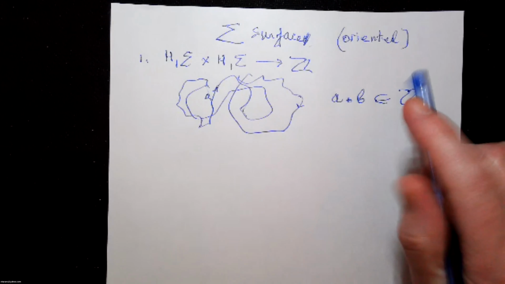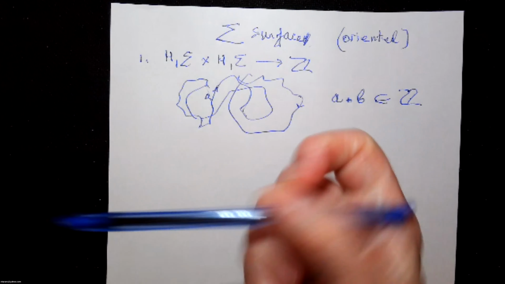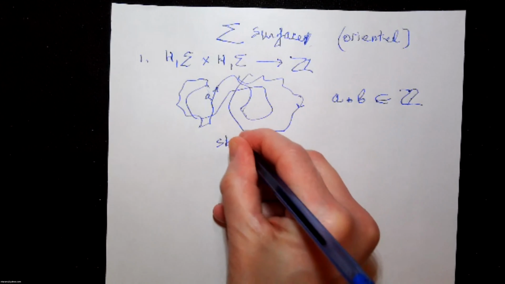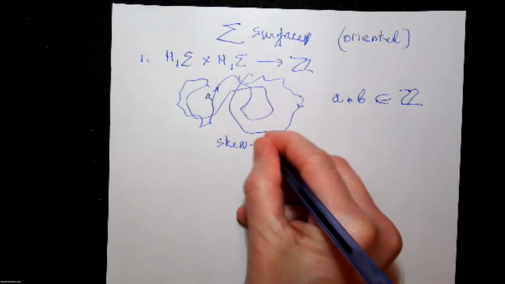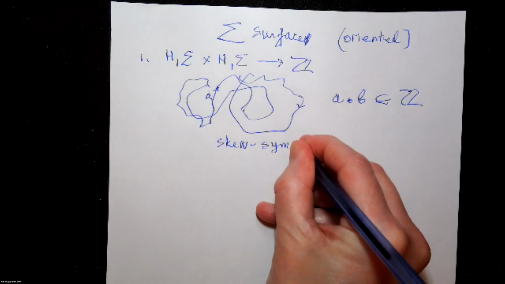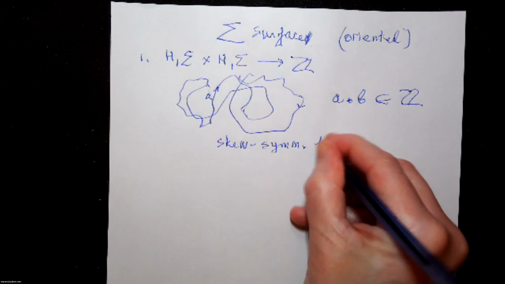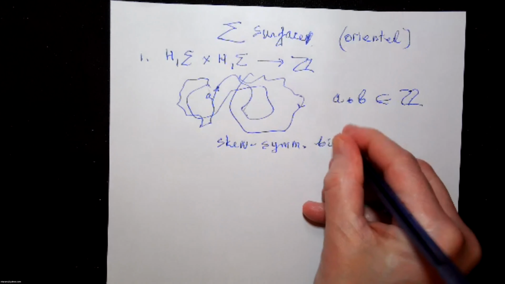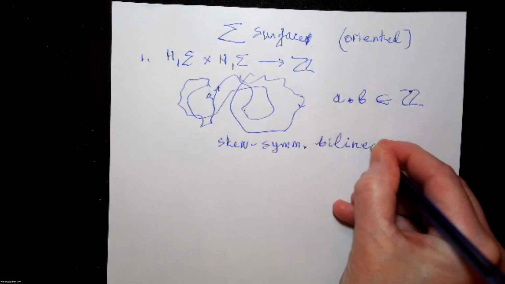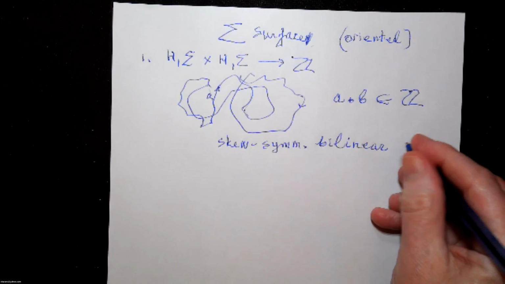All right. So that's a skew-symmetric bilinear form, which is, of course, a very special case of homological intersection in all dimensions, in all manifolds.